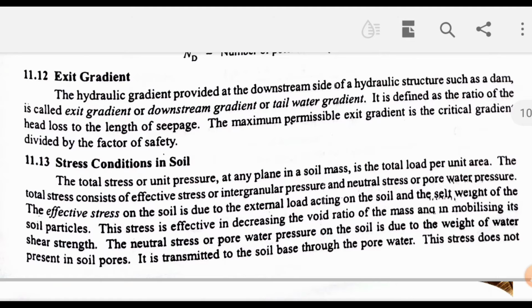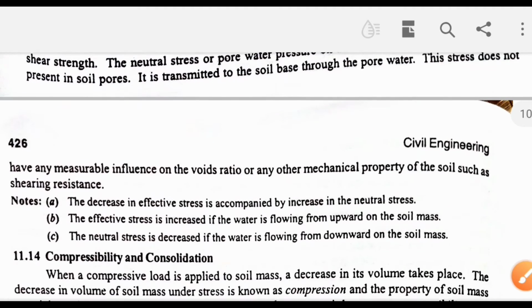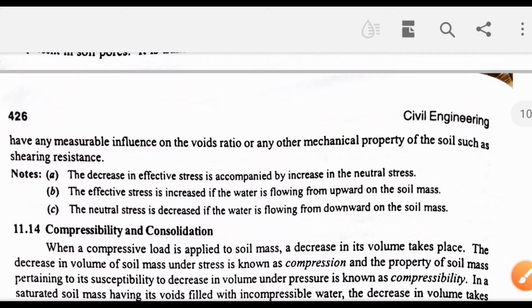The neutral stress or pore water pressure on the soil is due to the weight of water present in soil pores. It is transmitted to the soil base through the pore water. This stress does not have any measurable influence on the void ratio or any other mechanical property of the soil such as shearing resistance.